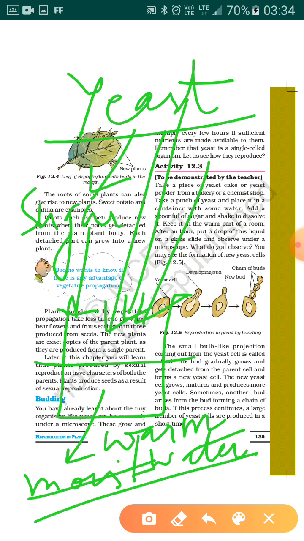And you need a dropper, and with the help of a dropper you have to put one drop of such solution on a slide, and then you have to watch it under the microscope, and you will be amazed to see the buds, and in some of the yeast you will be amazed to see the chains of buds. So this will be the process of budding in yeast.